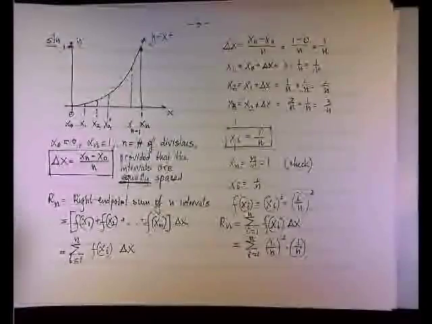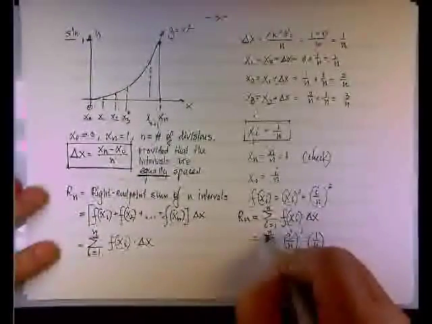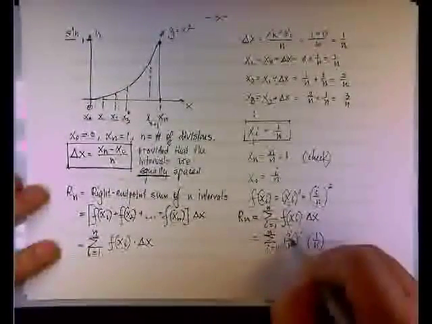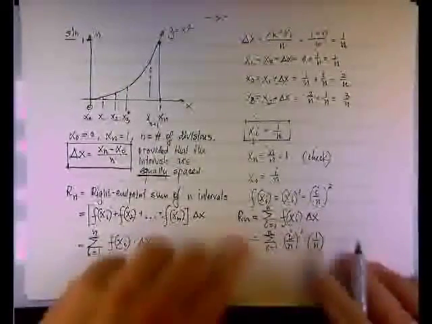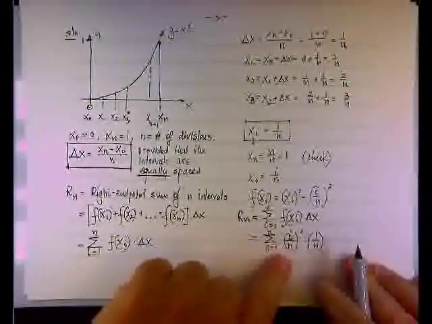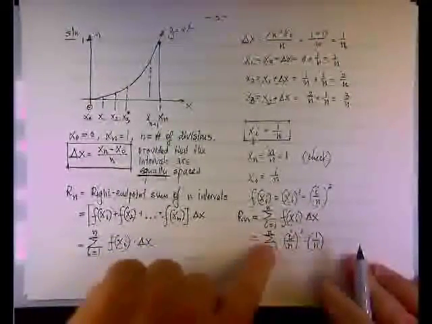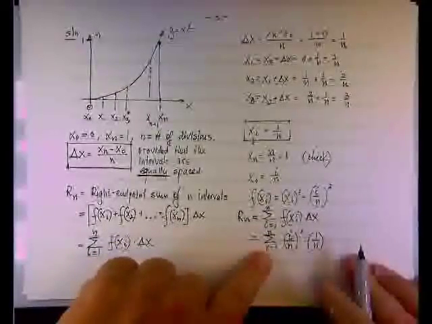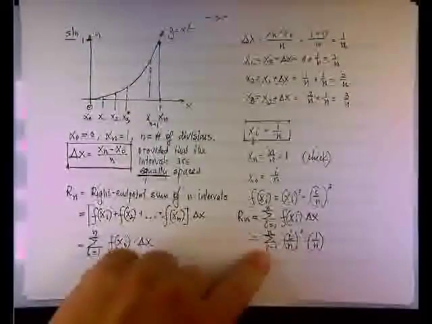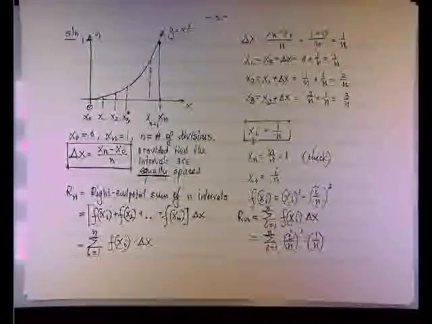Take a deep breath here and think about what we are looking at. In this expression for R sub n, what varies inside the summation? The only quantity that varies is not n. Remember, n is a fixed number, the finite number of subintervals that we're going to use.